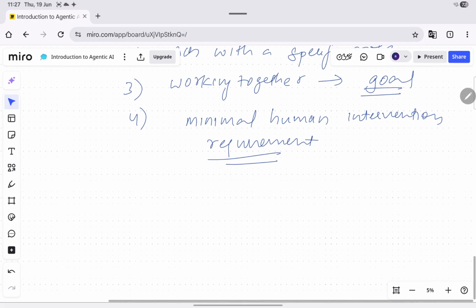This approach is more efficient, scalable and maintainable than single AI systems.